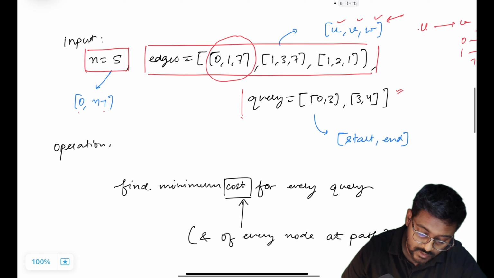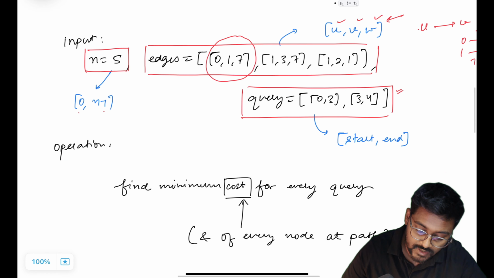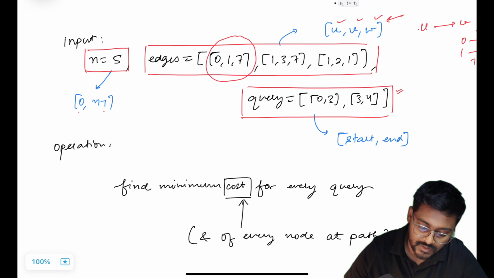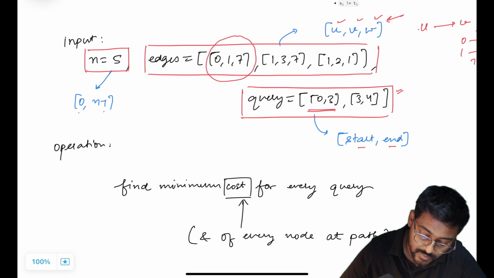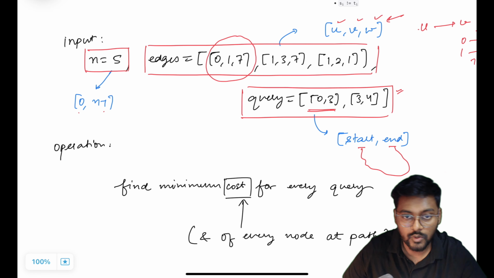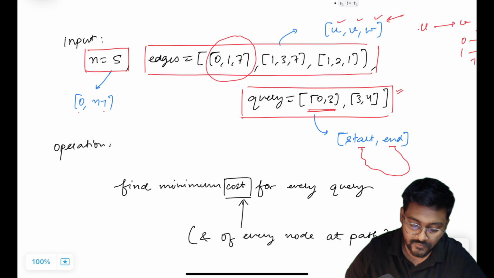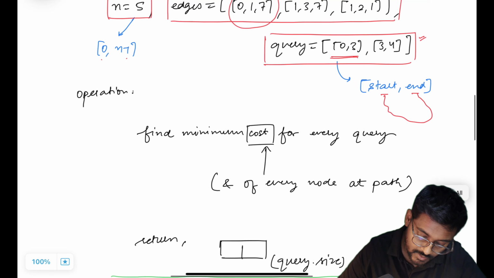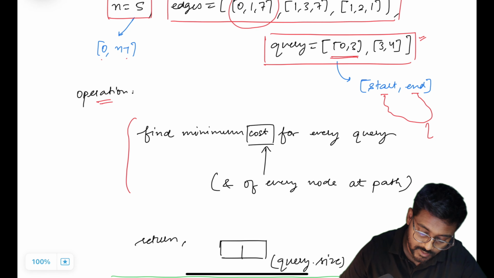Apart from that, the third input is the query array. In this query array, every query is a starting vertex and an ending vertex, and from the starting vertex till the ending vertex, we have to capture what can be the minimum cost of the walk. This is our operation: find the minimum cost for every query.